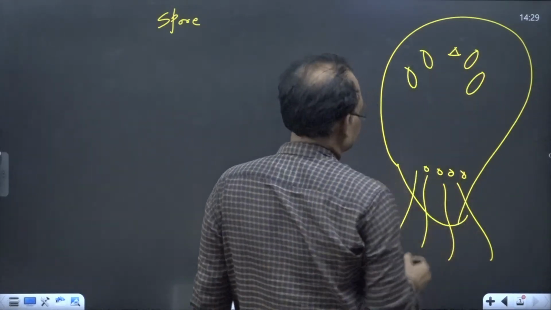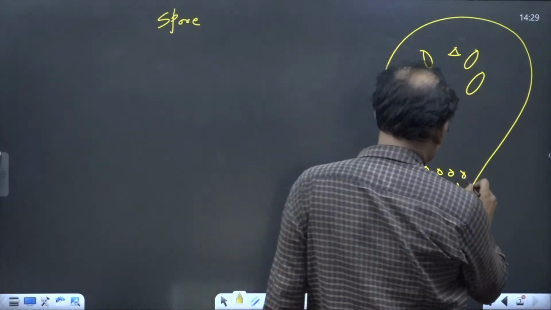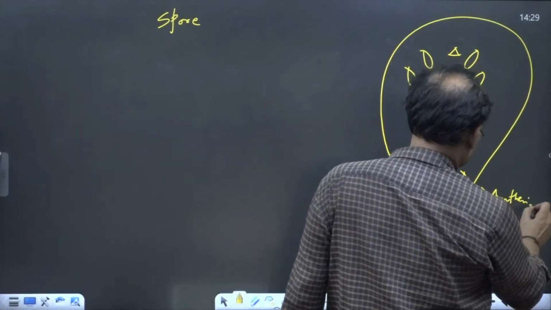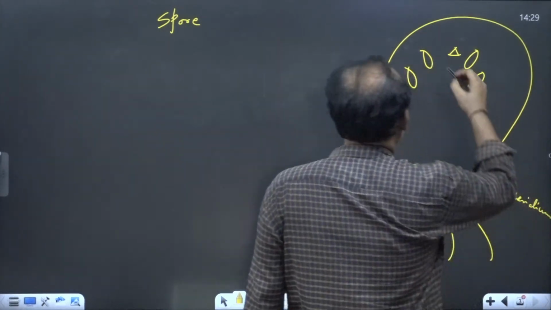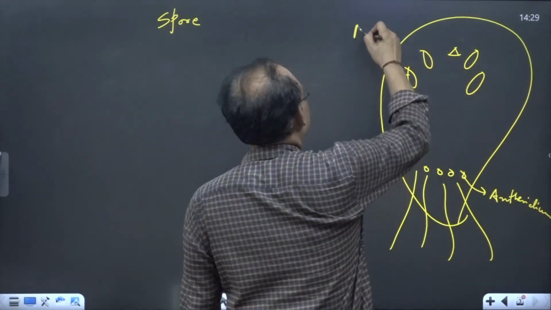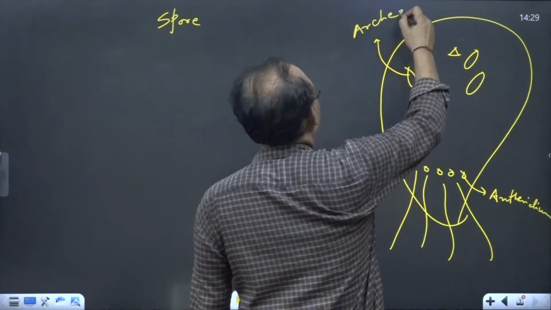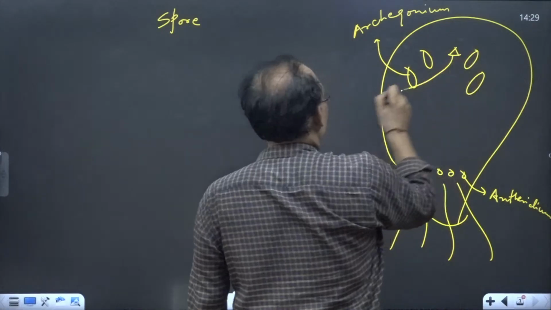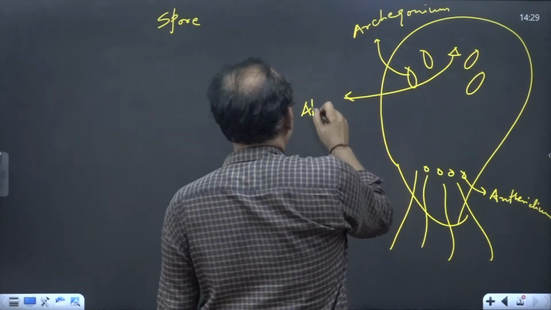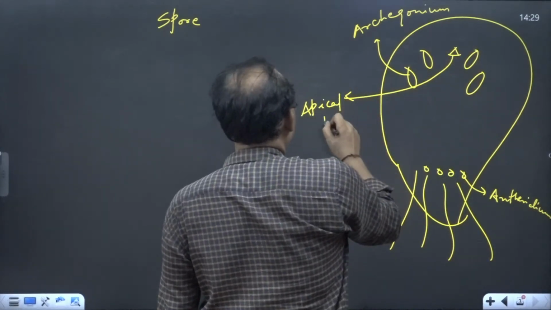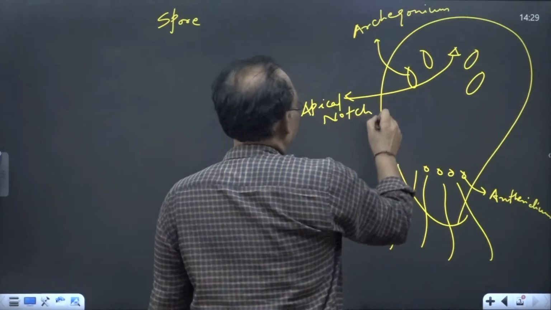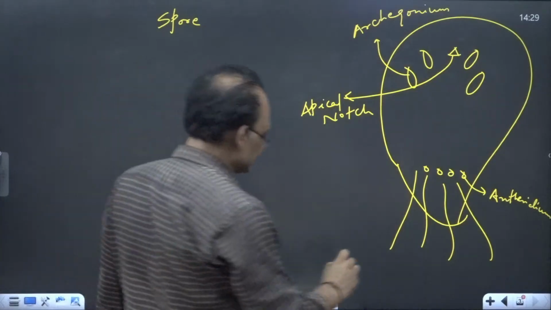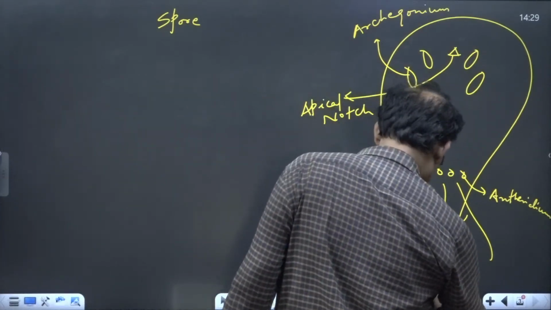So this structure has the antheridium, this structure is called archegonium, and this structure is called apical notch. This structure is called prothallus.